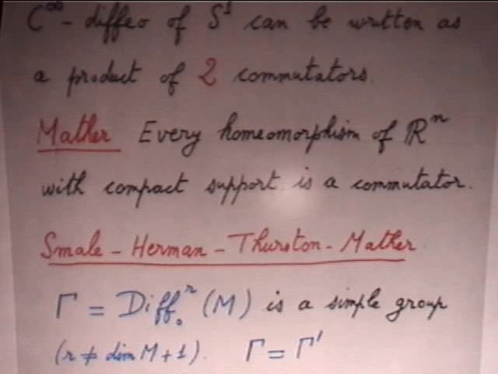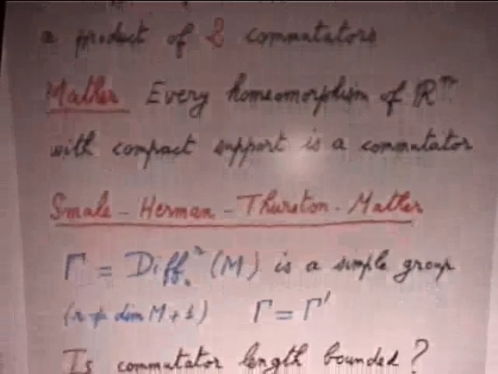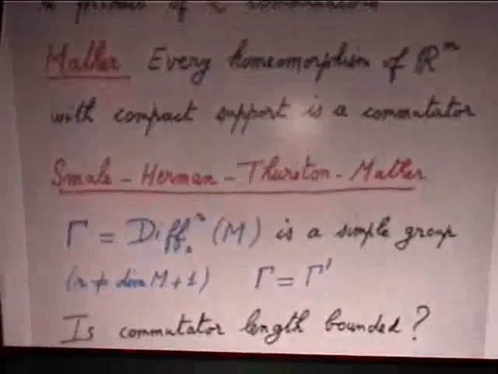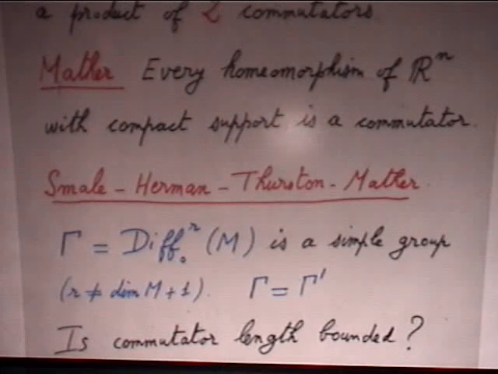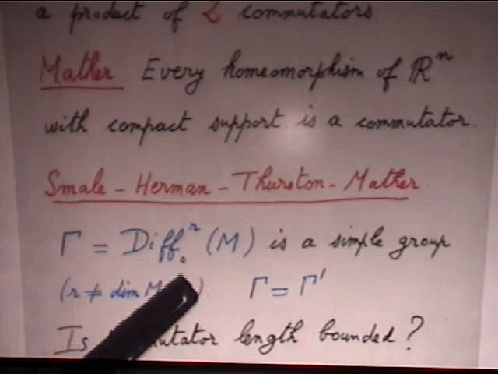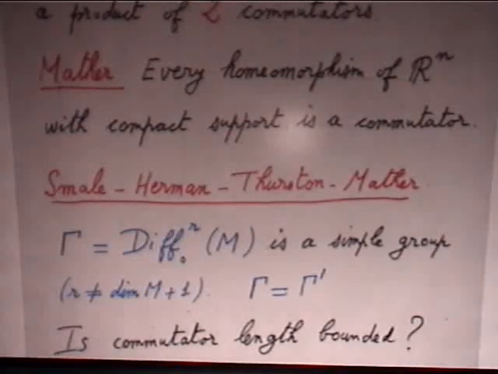If you consider any manifold, let's say connected manifold, M, and if you consider the group of C^r diffeomorphisms of M with compact support, and if you consider the connected component of the identity of this group, that I denoted by Diff_0^r(M), this group is a simple group, meaning that there is no normal, non-trivial subgroup in it, and in particular, it is equal to its first commutator group.